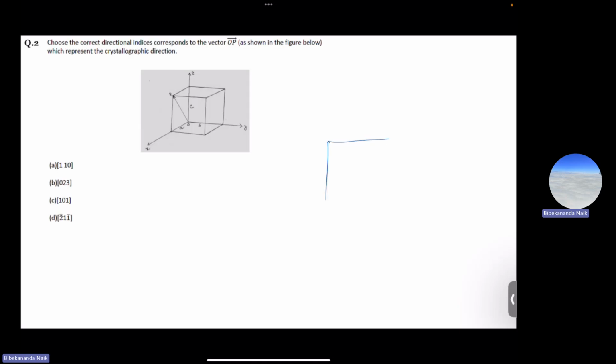Question number 2 says: choose the correct directional indices corresponding to the vector OP as shown in the figure, which represent the crystallographic direction. The options are option A 110, option B 023, option C 101, and option D minus 2, 1, minus 1. This is the picture. For your clarity, let me draw this picture once again.